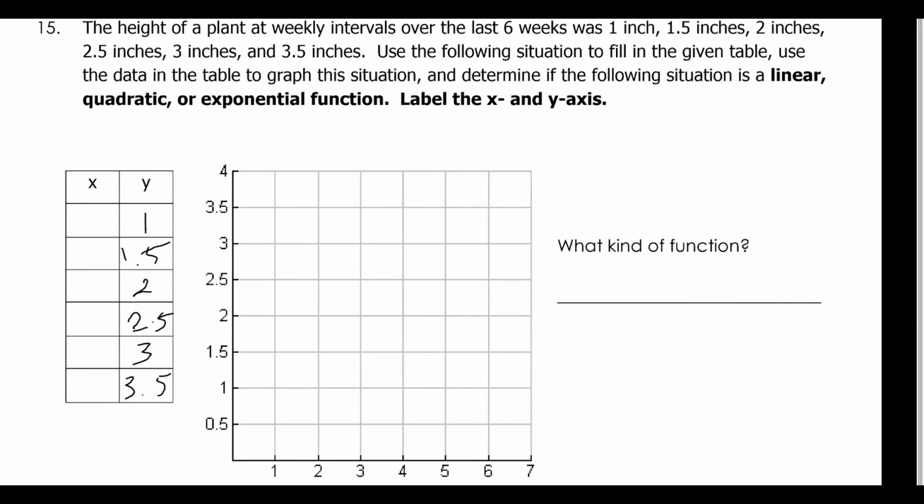Alright, so this is 6 weeks, so 6, 5, 4, 3, 2, and 1.